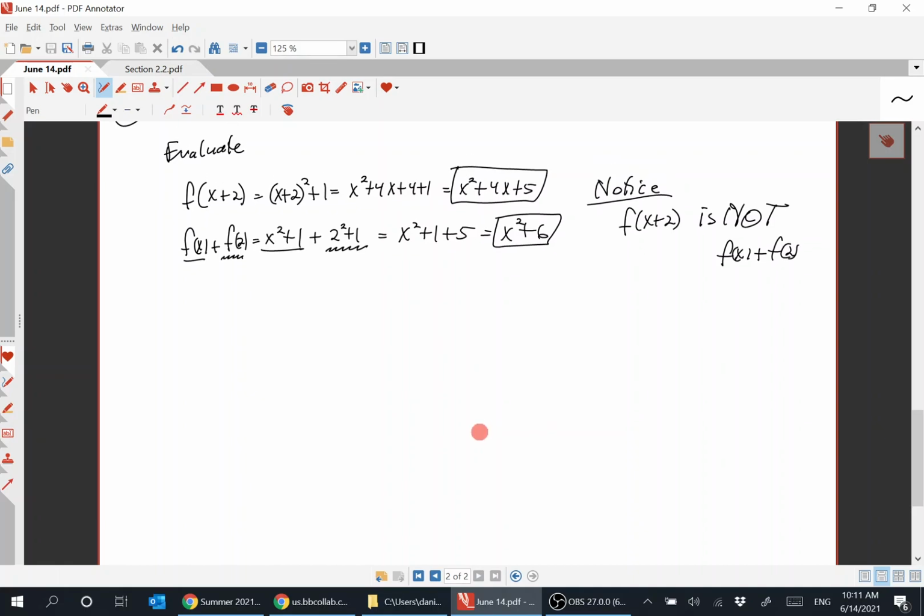Let's do number 66. Is that one of the assigned ones? 51 to 65 odd. Well, let's do 65 first. We'll do 65 and 66. So 65, find the domain.